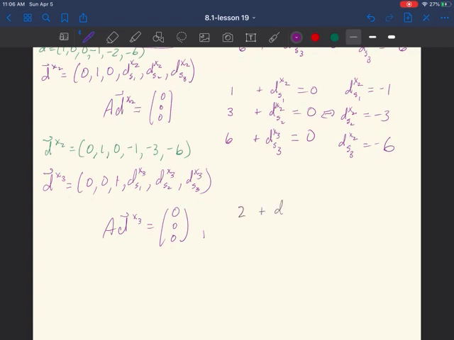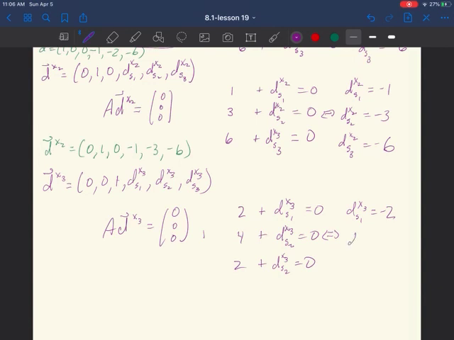And I see it's going to pull out the third column. So that's 2, 4, 2. So it's 2 plus dx3 s1 equals 0. 4 plus dx3 s2 equals 0. And 2 plus dx3 s3 equals 0. That's just from this matrix multiplication.